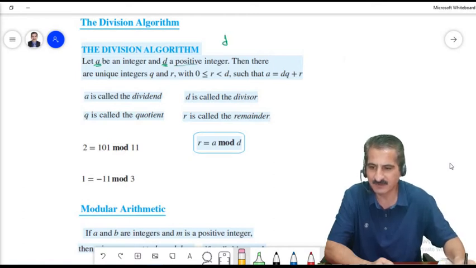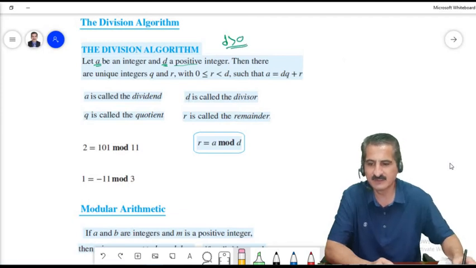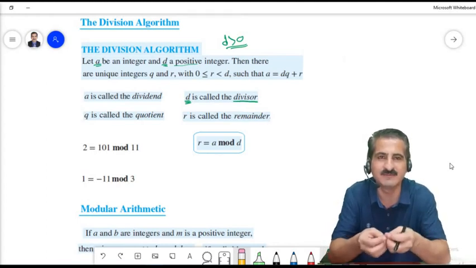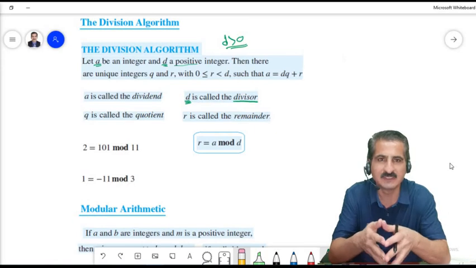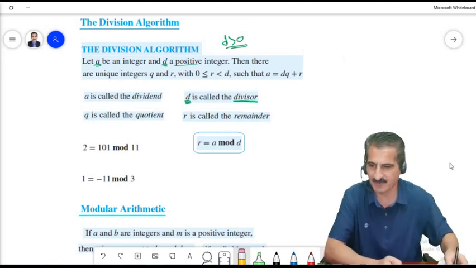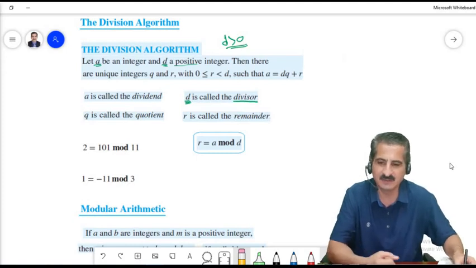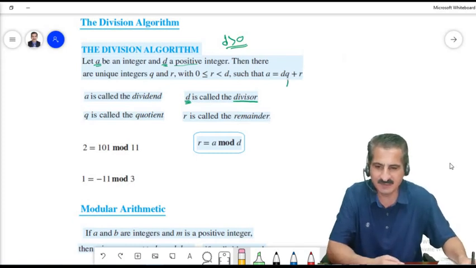So recall that d is positive, and d here is called the divisor. We will divide a over d, and we always want the divisor to be positive here. Okay. Now it simply says divide a over d. Here we go. The result is q, and the remainder is r.